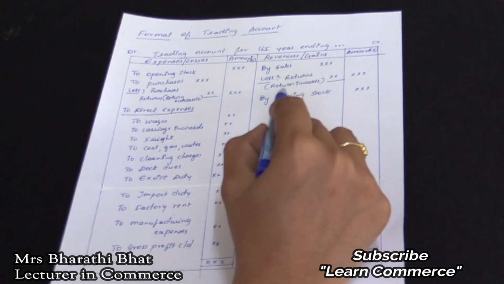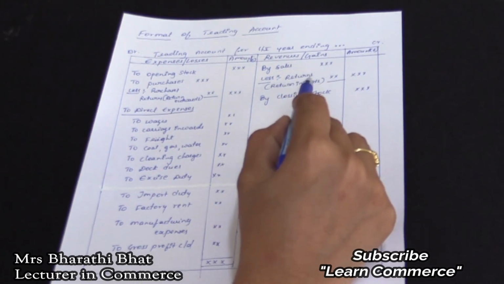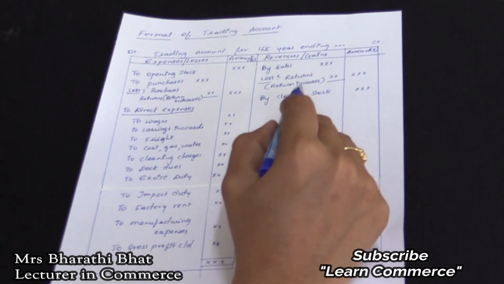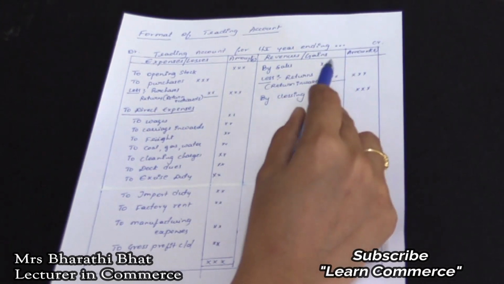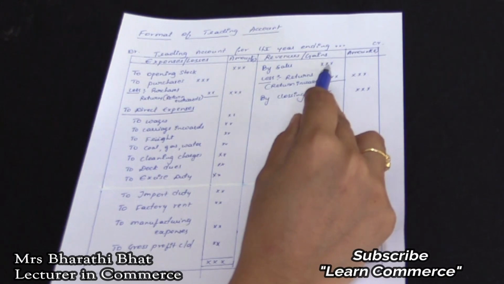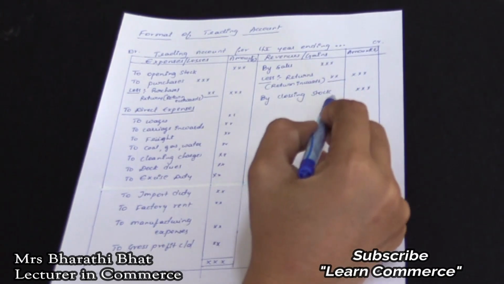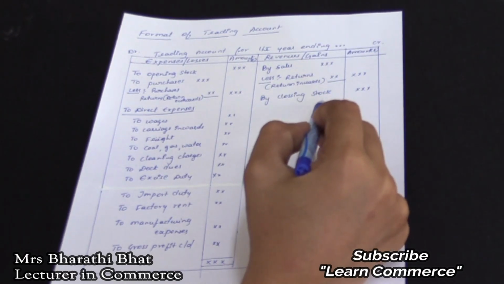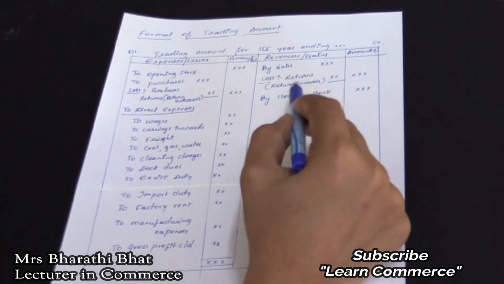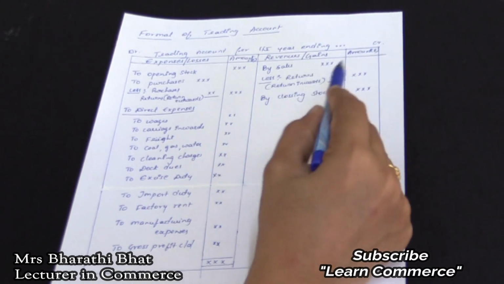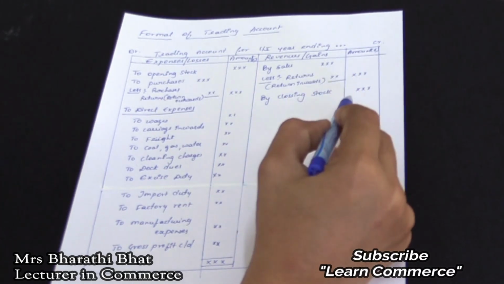If returns are given in the illustration, return inward is also called sales return, and after deducting it from the sales, we write the amount in the amount column. Then closing stock, which is given in the adjustment entries. We should consider that transaction and record it under revenues or gains, that is, on the credit side.